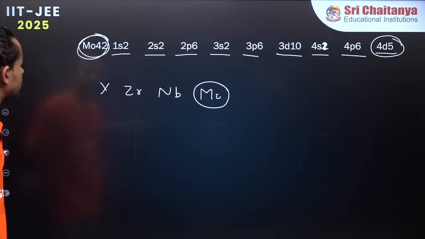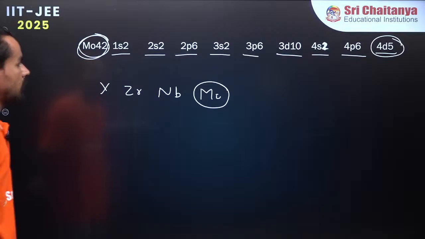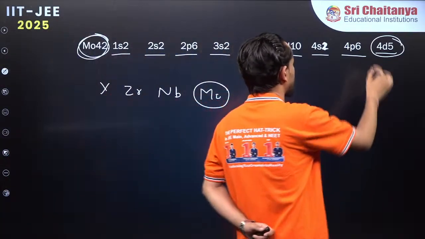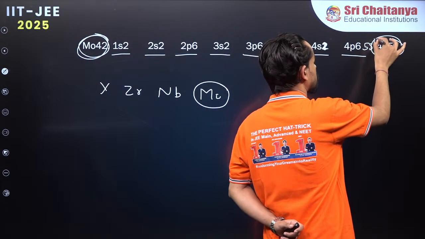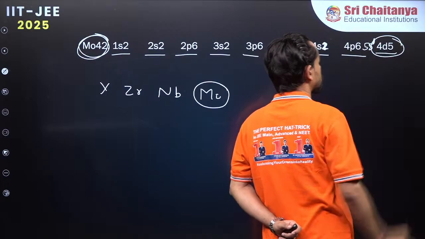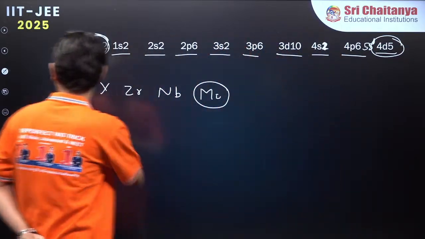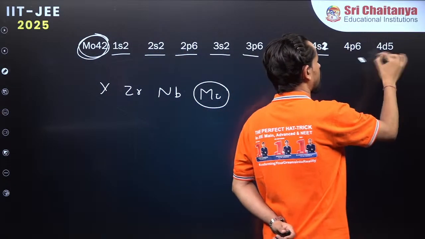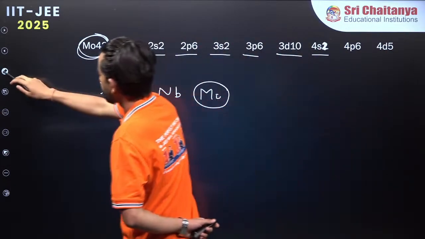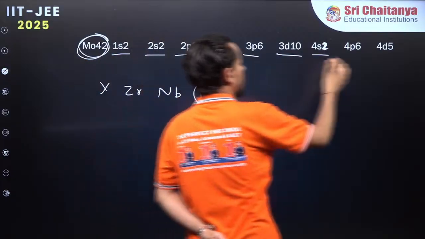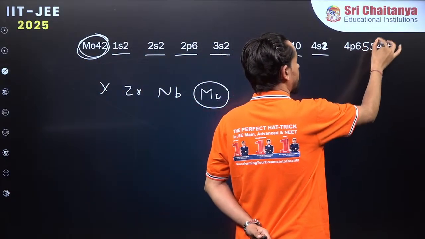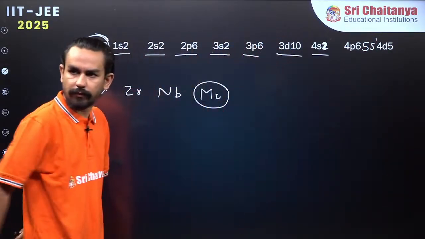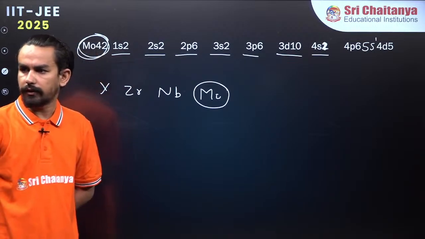Is there some misprint? It should be 1s2, 2s2, 2p6, 3s2, 3p6, 4s2, 3d10, 4p6. Then it will be 5s1 also, and then 4d5. Let me write it properly. Now it is okay.